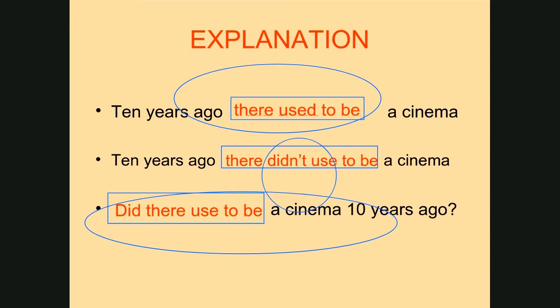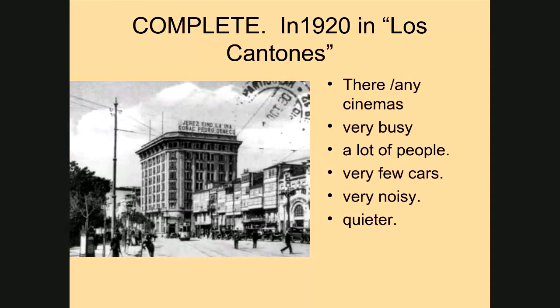Let's see some other examples. Complete: in 1920, Los Cantones. Let me see if we have any cinemas there. Very busy, a lot of people, very few cars, very noisy, quieter. So according to the image, very busy. Any cinemas?